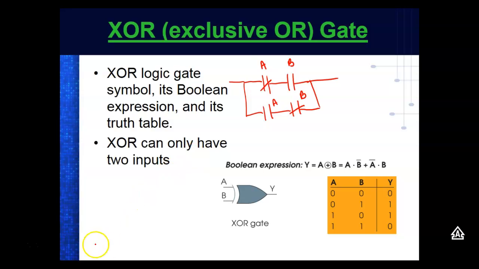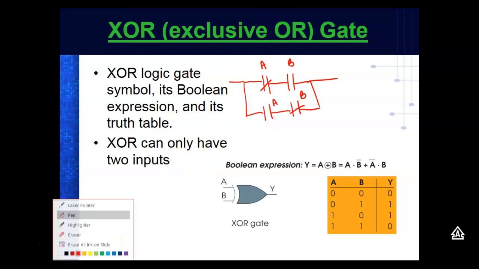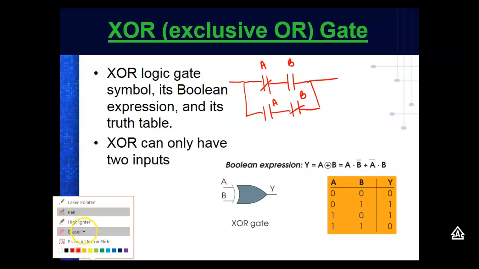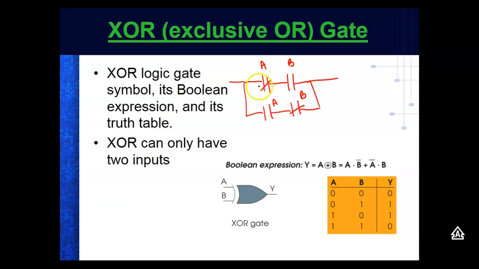You understand? So the way it is right now, it'd be false. So let's say I energize whatever's controlling A. What would happen? This right here would open, and then this right here would close.